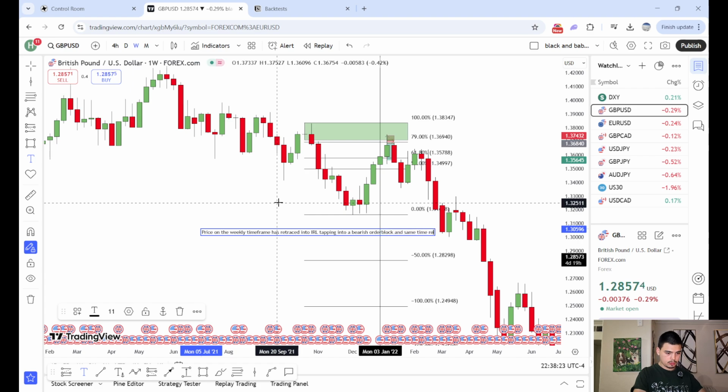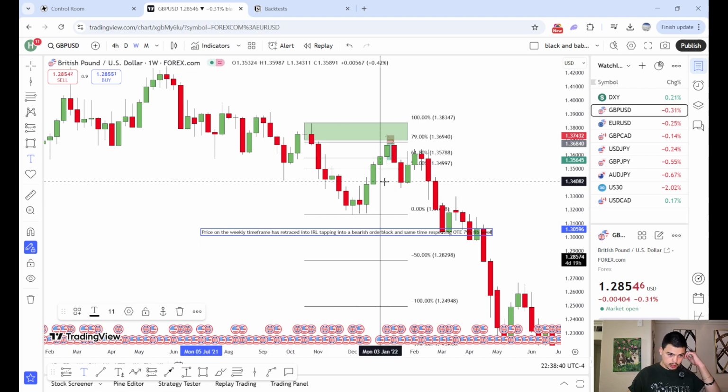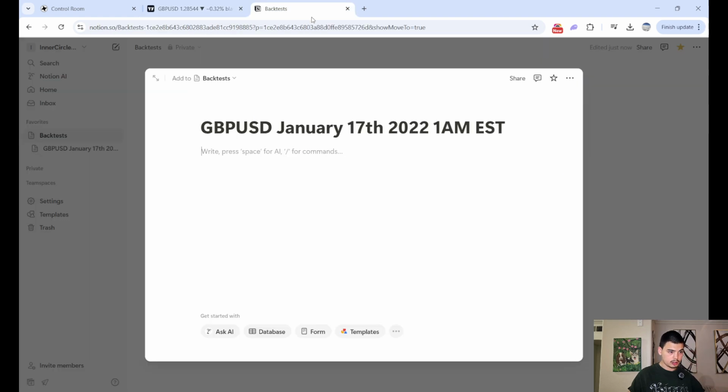At the same time expecting optimal trade entry, 79% fib level.